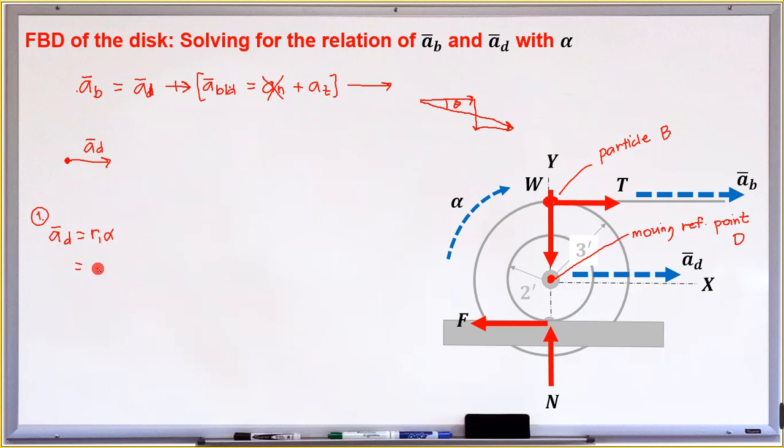Then our given R1 is equal to 2 feet. So, sir, nganong R1 man? Because this inner radius is the one that is in contact with the horizontal surface, not the larger circle, no? Only the smaller circle. So, use the radius of the smaller circle. Kasi man ani contact lang sa horizontal surface. So the value of R1 is 2, so therefore A D is 2 alpha.